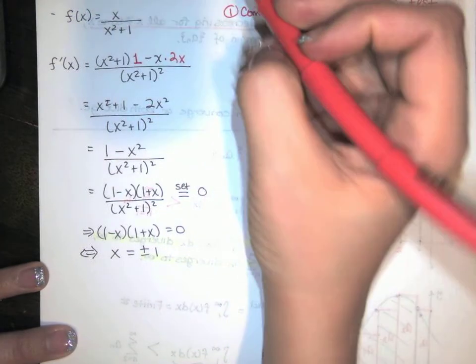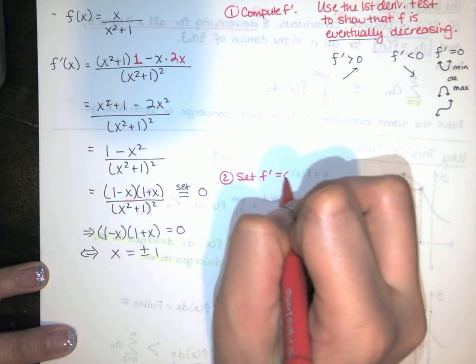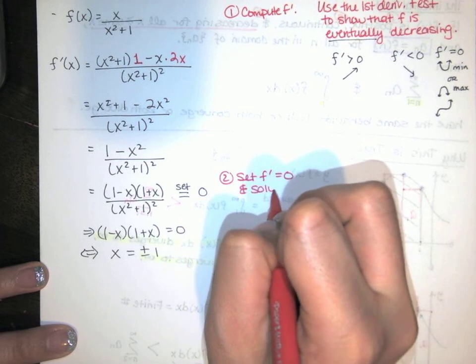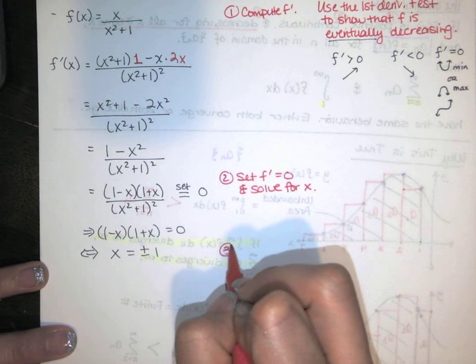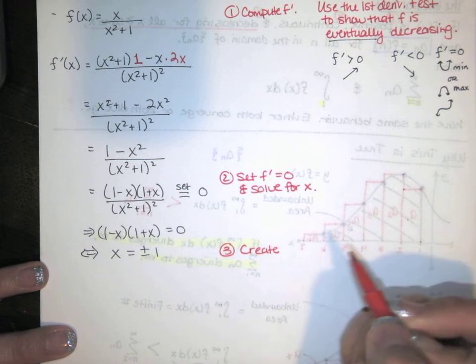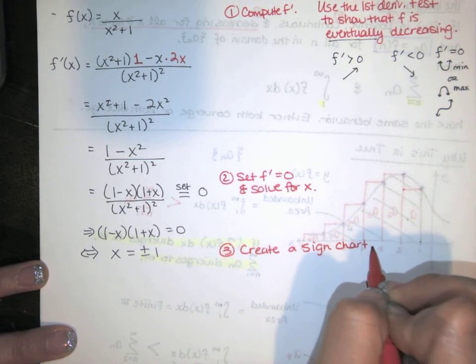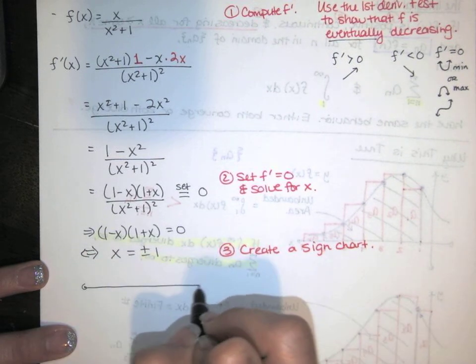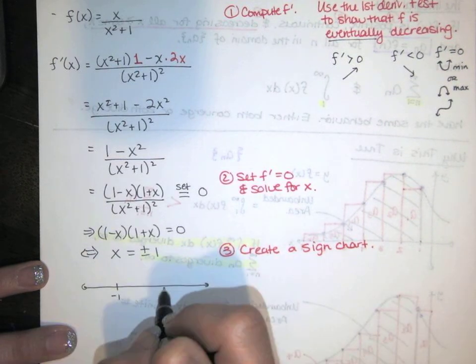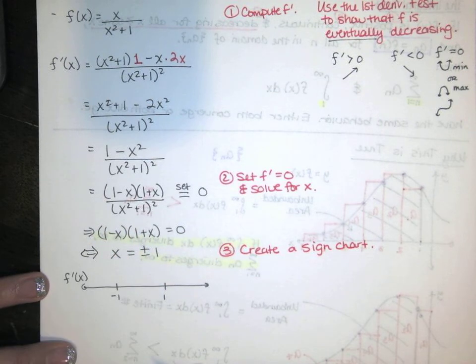So after we compute f prime, we just set f prime equal to 0 and solve for x. And then you want to create a sign chart. So I've got -1, 1, and I'm interested in the sign of f prime.